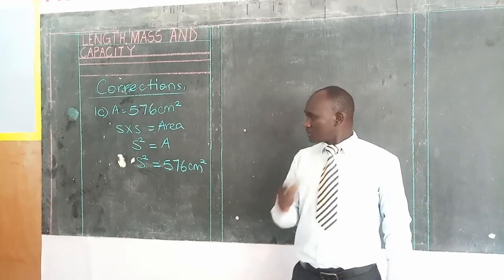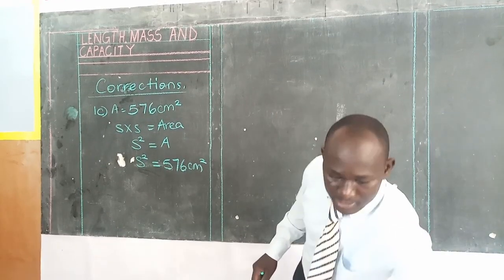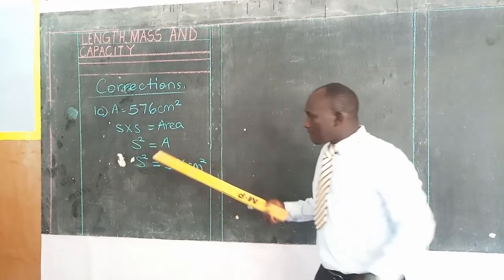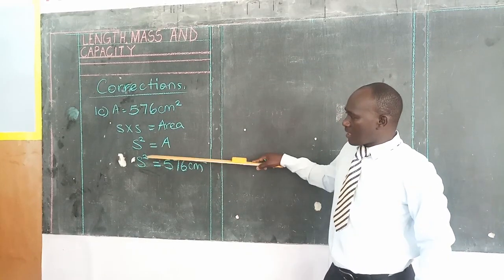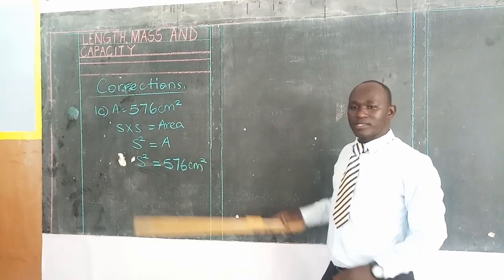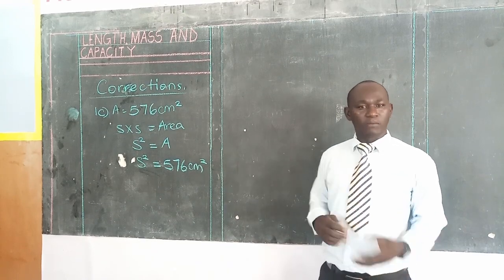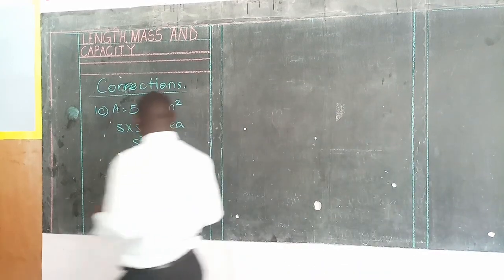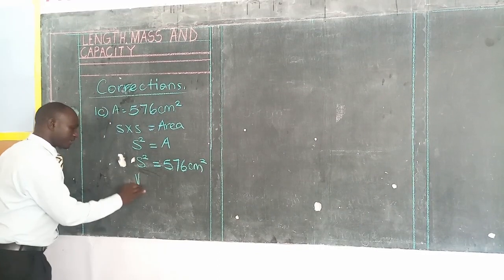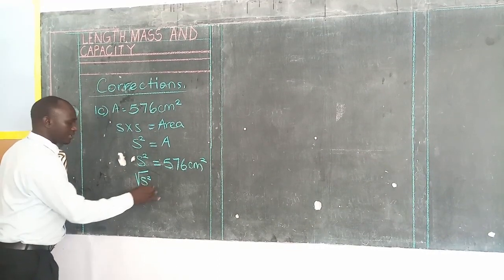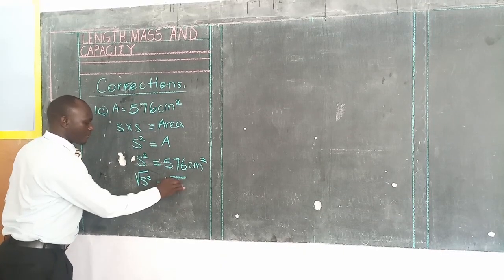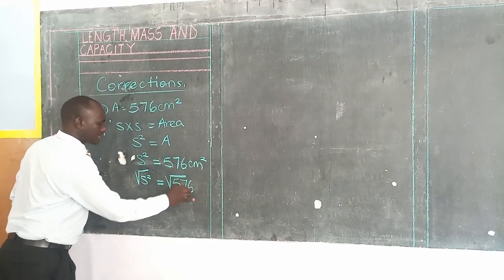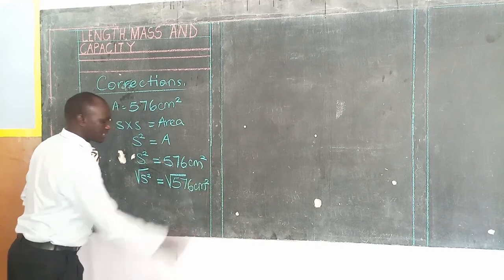From the previous lesson, you looked at how to remove this square, and that will take us to getting the square root of both sides. That is, we get the square root of side squared, then we come up with the square root of 576 square centimeters.